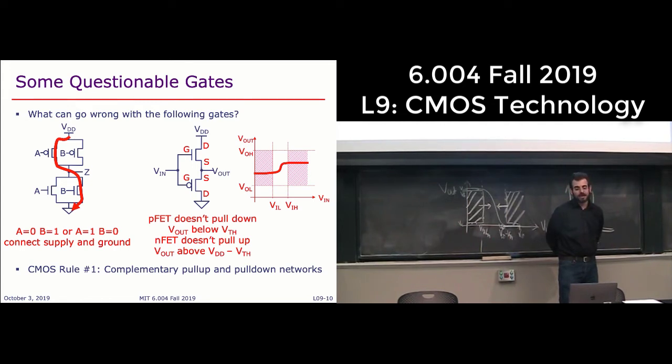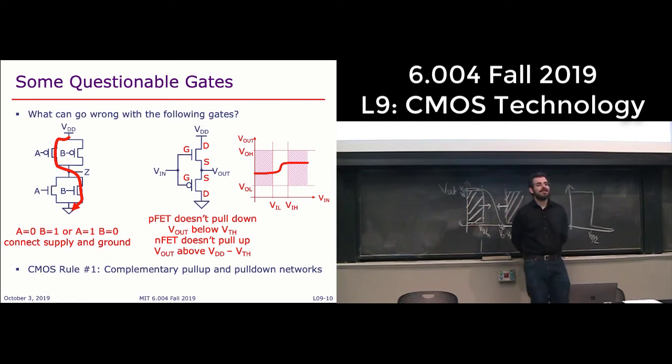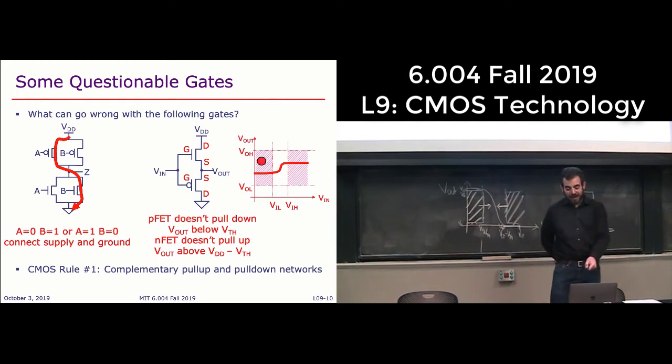And so you end up with this. Is this a valid digital device? I see many of you saying no. Why? You can't draw a rectangle here, a set of forbidden zones, that gives you any valid behavior, right? There's no gain in the middle, in other terms.